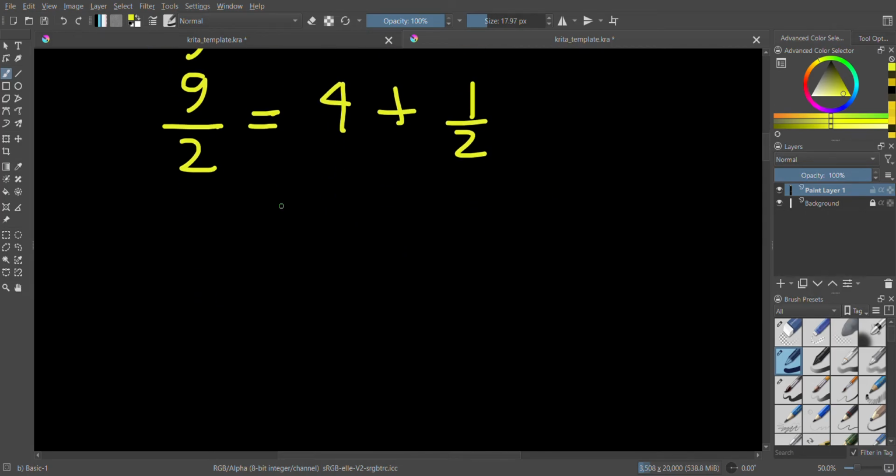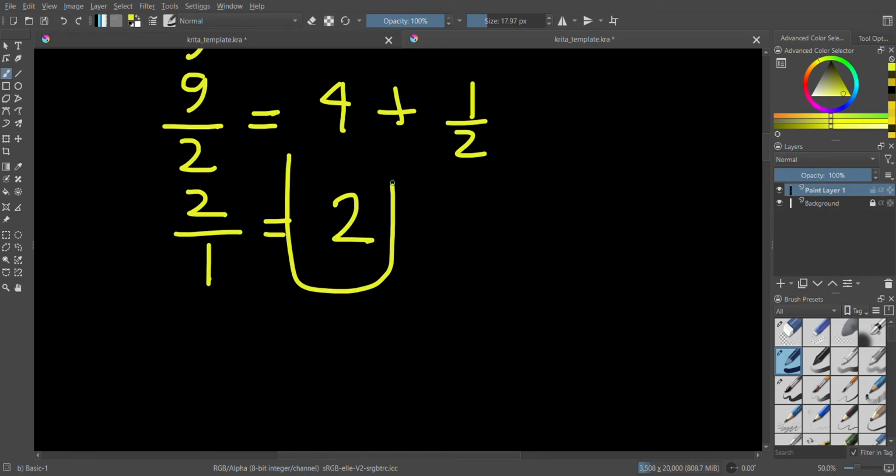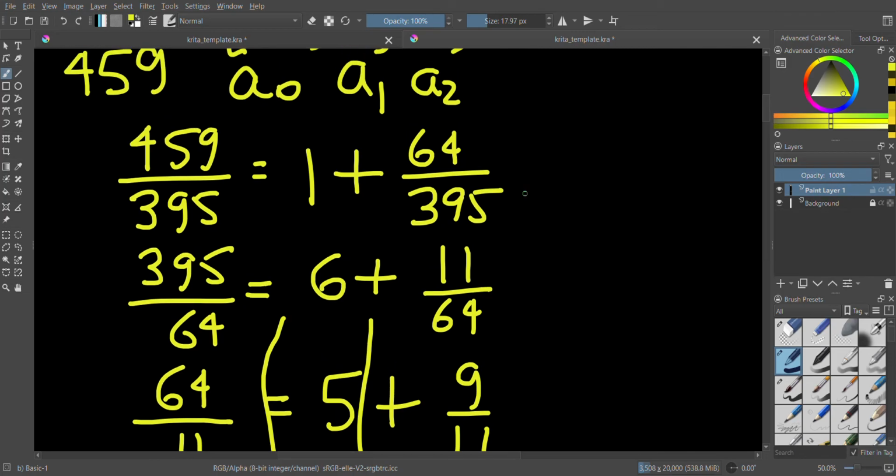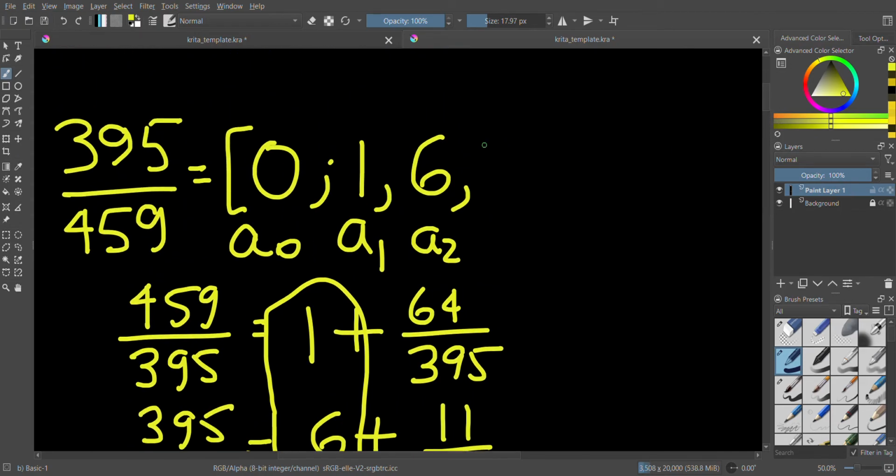And then 2 over 1 is just equal to 2. And so sure enough, these are our A's for the continued fraction right here. They're right here. So it's 165,142.